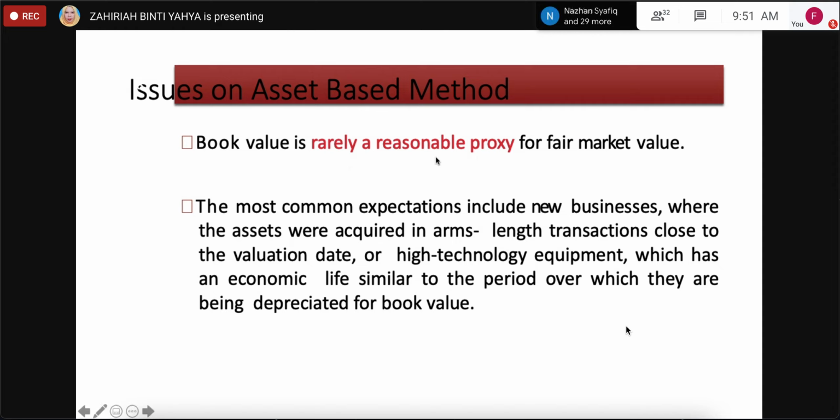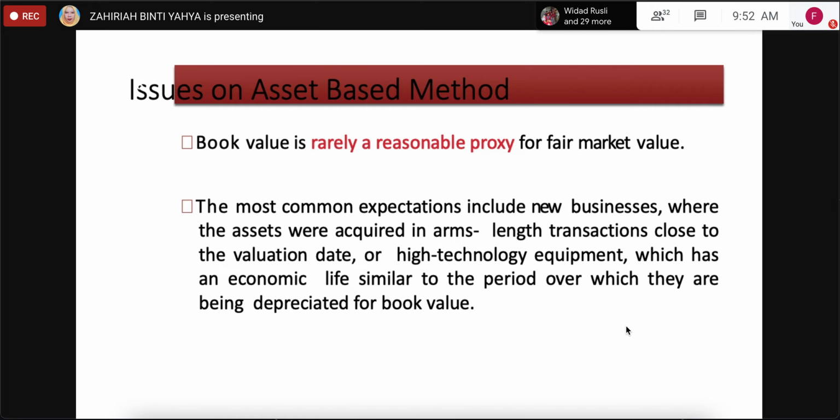You tahu tak apa maksud book value? Dah belajar accounting ni, saya patut tanya you all. Saya dulu tak belajar accounting. Value asset yang mainly based on balance sheet.